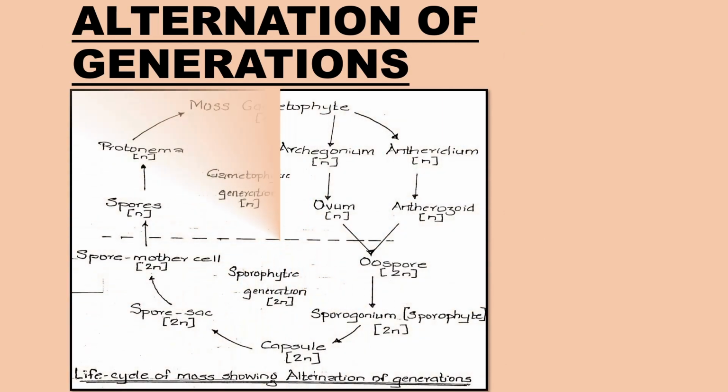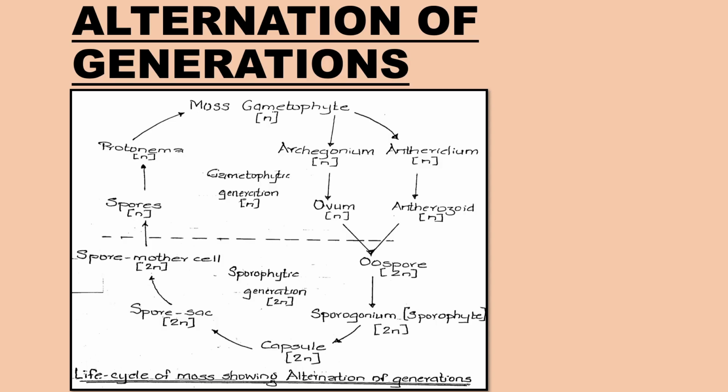Finally, let us understand alternation of generations in the life cycle of mosses. The moss plant is a haploid gametophyte. It reproduces sexually with the help of male gamete anthrozoid and female gamete the egg. The fusion of male and female gamete gives rise to the diploid sporophyte.